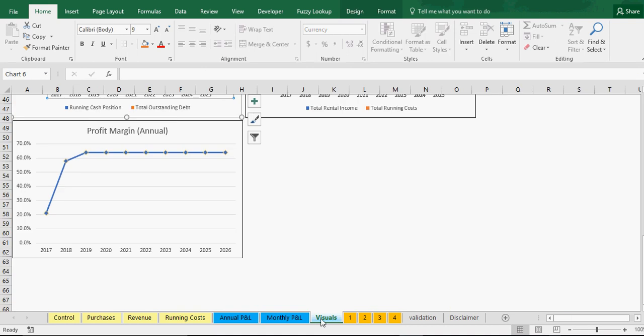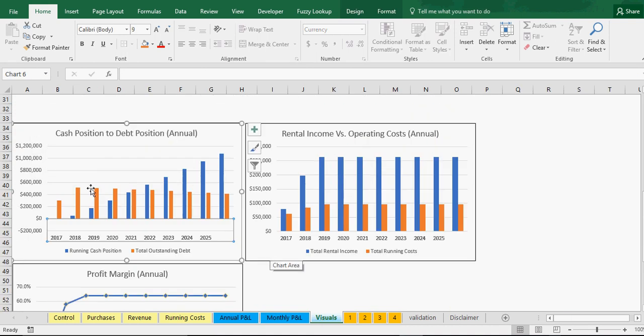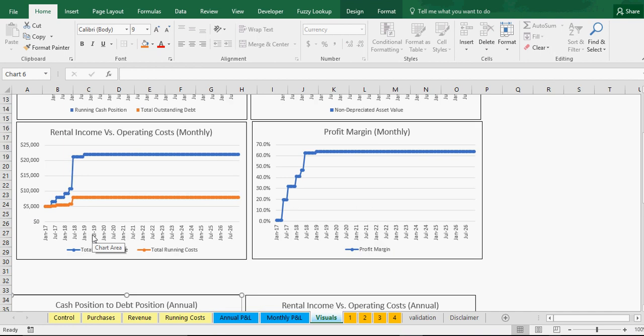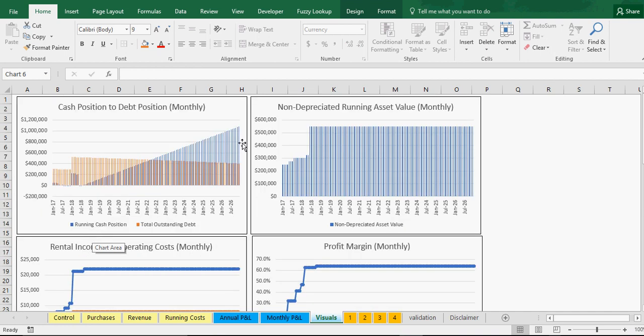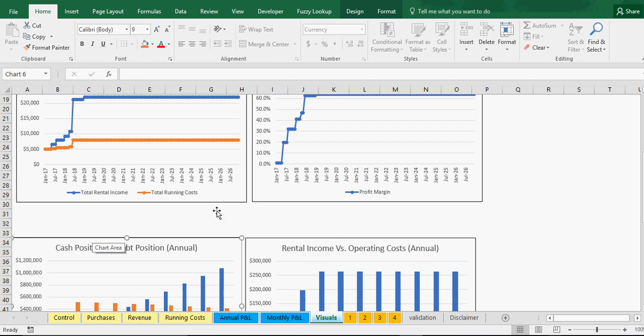And you'd see the spike in 2018 instead of 19. But the key is, it's the closest you're going to get to projecting out cash flows with such dynamic capabilities. I really like this cash position to debt position here on the monthly. That's a really good view of what is going on on a consolidated basis with the whole business.